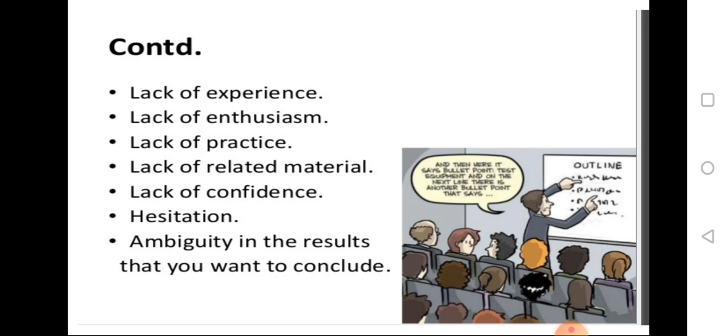But you have seen that many times when someone is presenting, there is a lack of experience of the speaker.